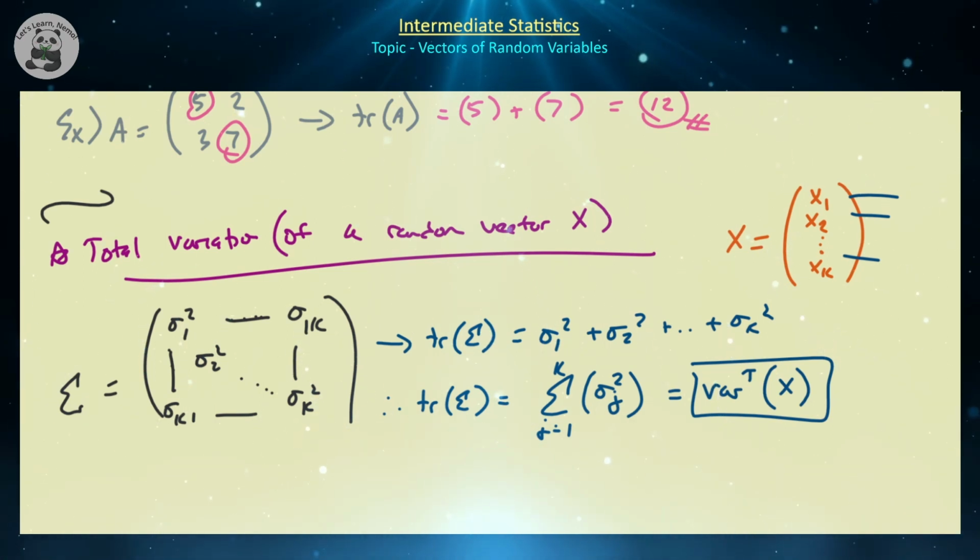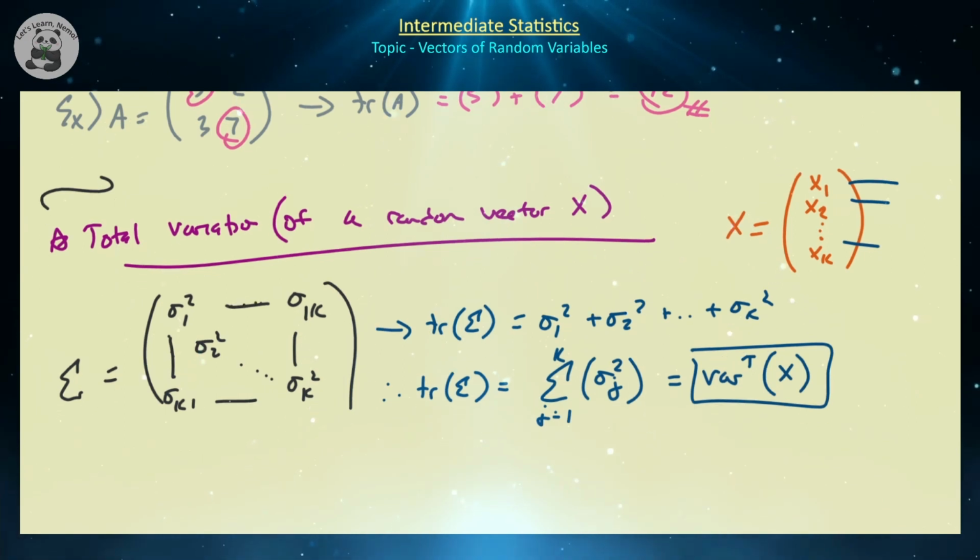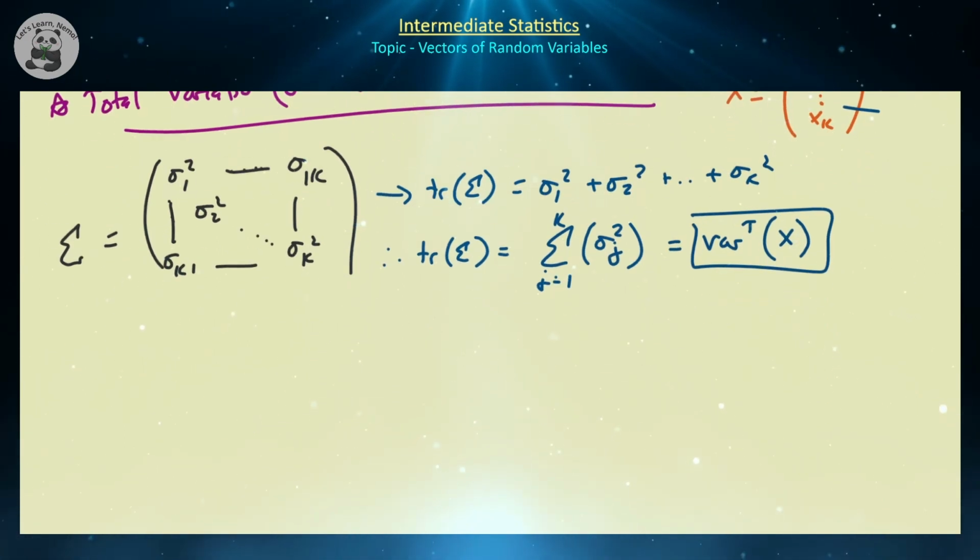But obviously, if x is a random variable, a random variable is a random vector with only one row, and the total variance will just be equal to the variance of that random variable, so this notation works out. So that's the definition of the trace of sigma, but keep in mind that sigma is a parameter matrix, not a random variable matrix, right? Because the trace of a parametric thing also should be a parameter, right?